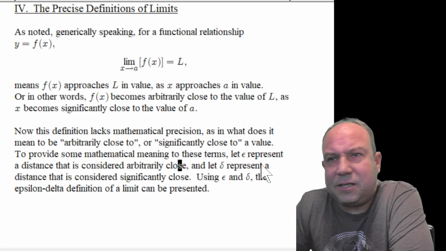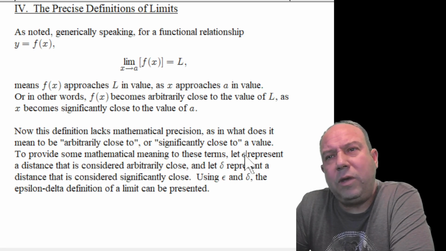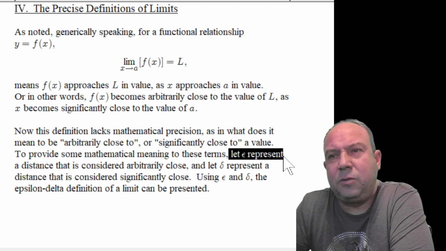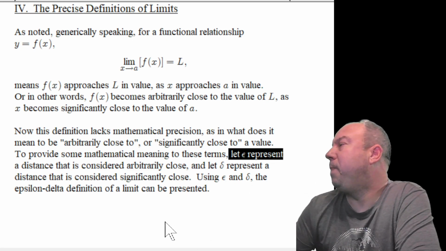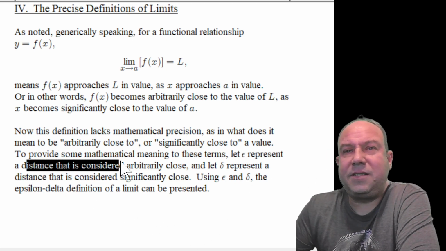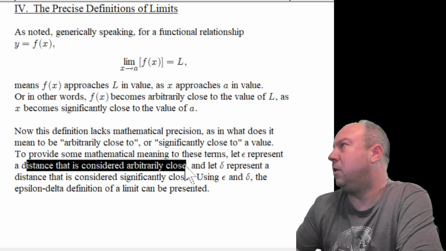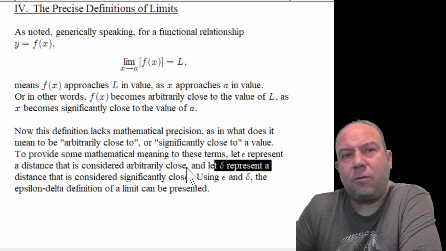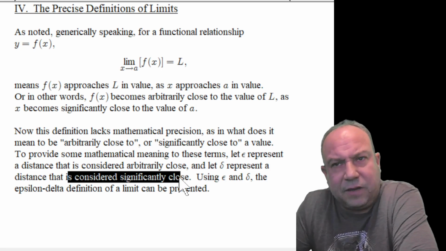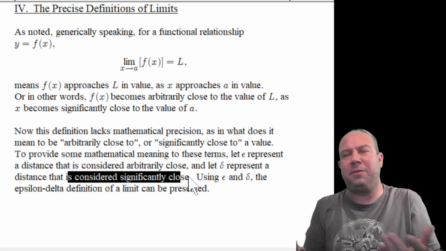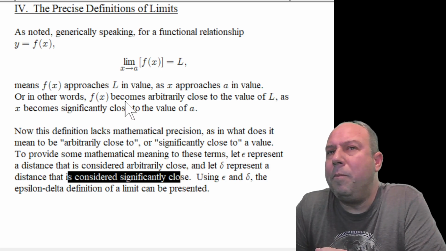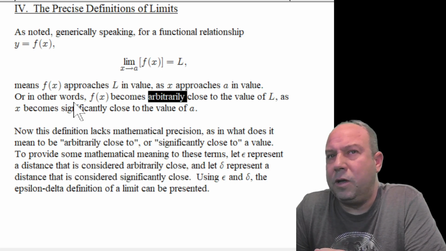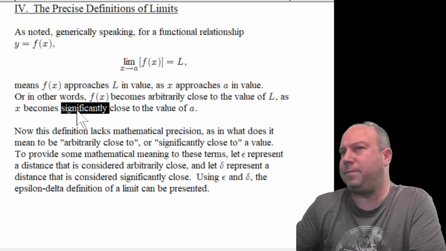And in these terms, what we use in the case of a limit is the values we call epsilon and delta. We let epsilon be a distance that is considered arbitrarily close, and we let delta represent a distance that is considered significantly close. Basically meaning the same thing, but specific to this arrangement in the statement.